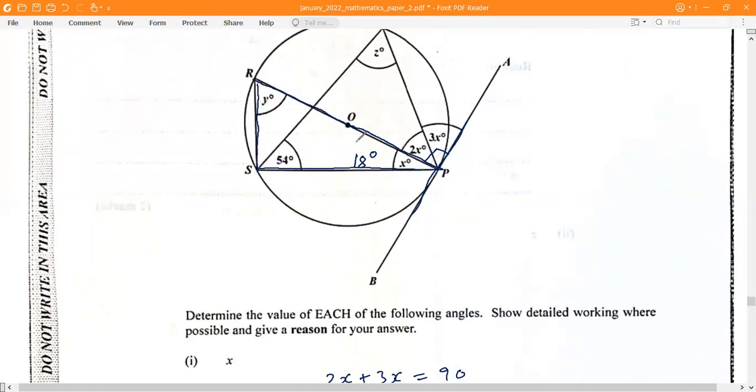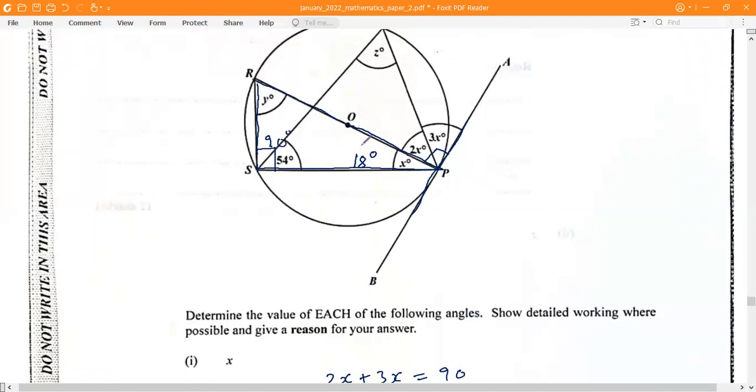This angle here is equal to 90 degrees because we have a diameter, and therefore the angle that touches at the circumference has to be 90 degrees. So we know this is 90 degrees here.